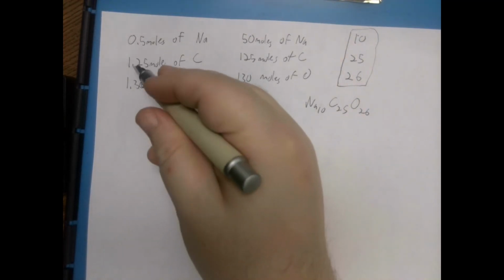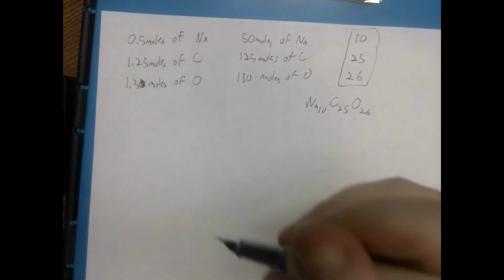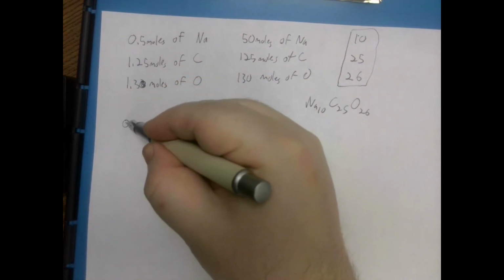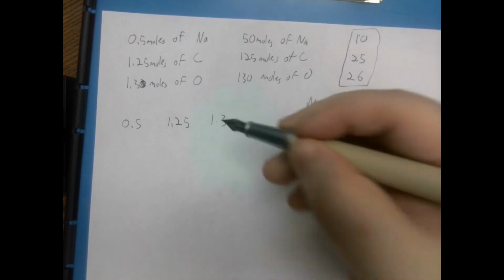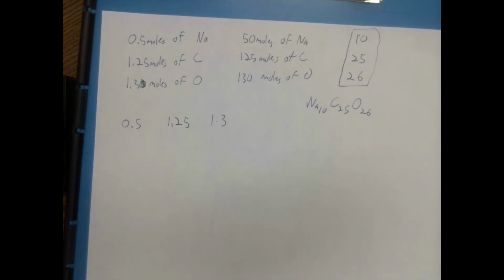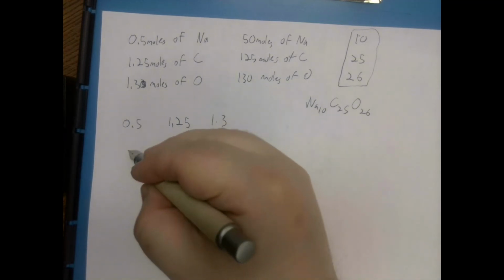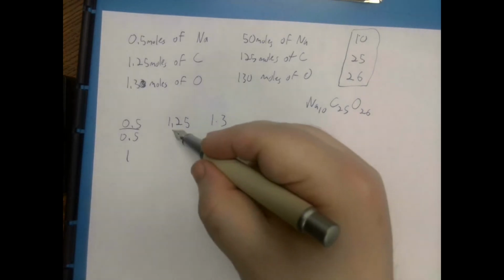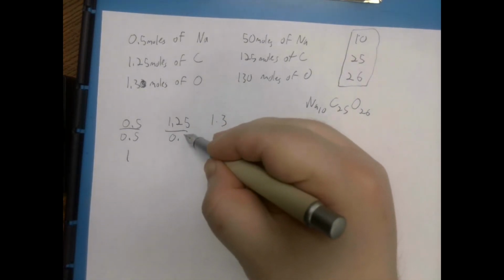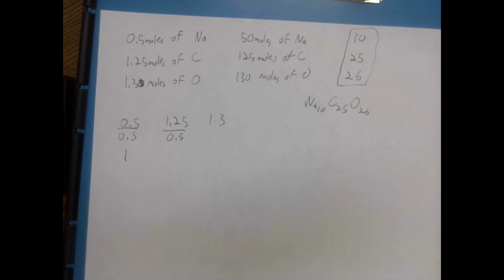Okay, it says in the formula, another way you could do this is to divide by 0.5 on all of them. Let's try that. So we have 0.5, we have 1.25, and 1.3. If we divide everything by 0.5, see if that works. 0.5 divided by 0.5 is 1. 1.25 divided by 0.5 is 2.5.